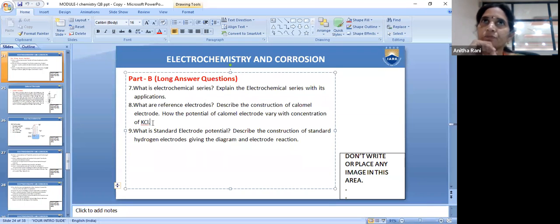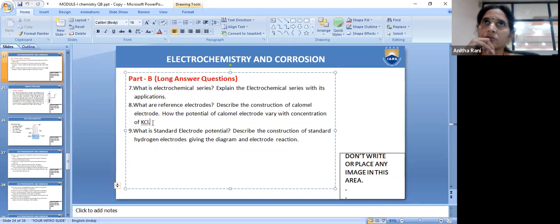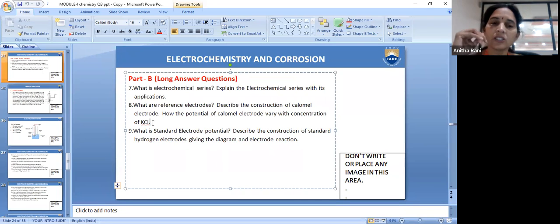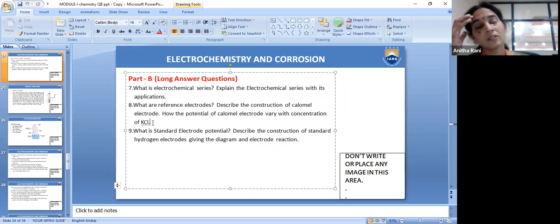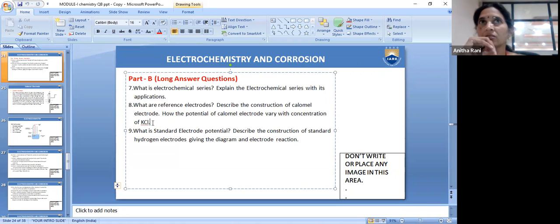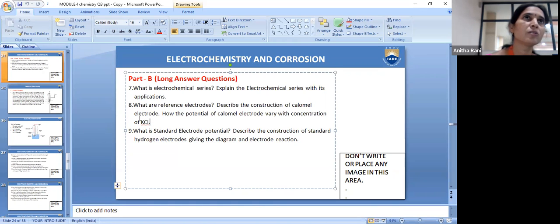More. 0.1 normal KCl, value is 0.33. 1.0 normal KCl, value is 0.28. Now saturated KCl solution, tell me the electrode potential.